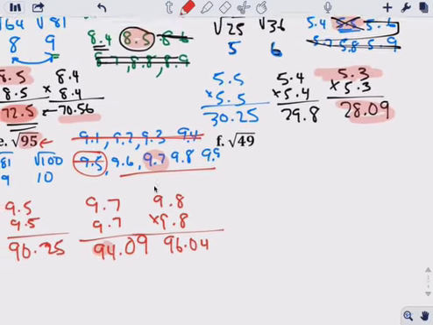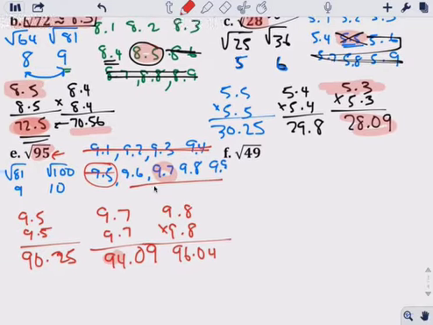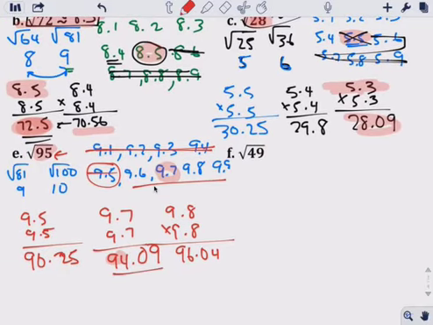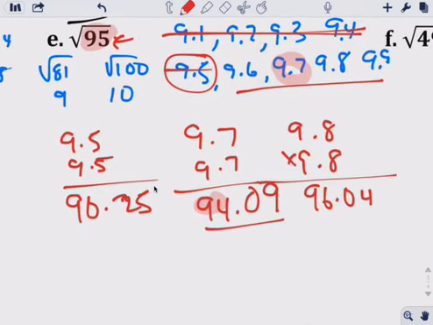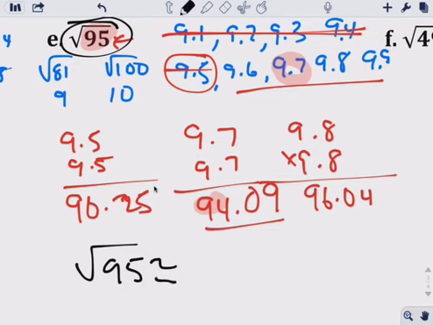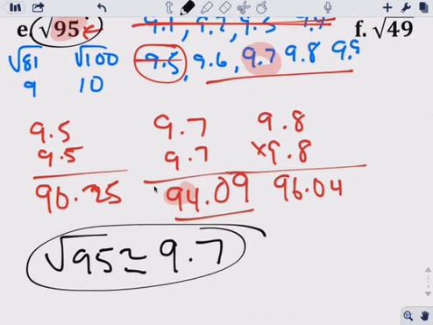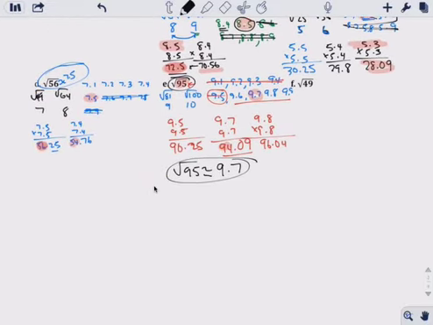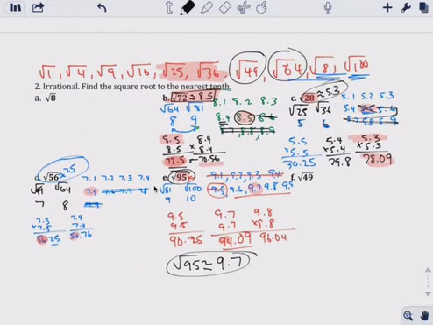Okay. It's closest to 94.09. So the square root of 95 is about 9.7. Okay, the end. Hope you understand it.